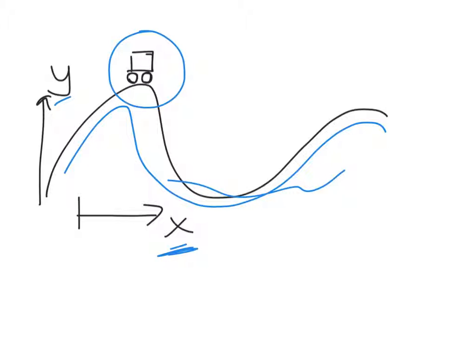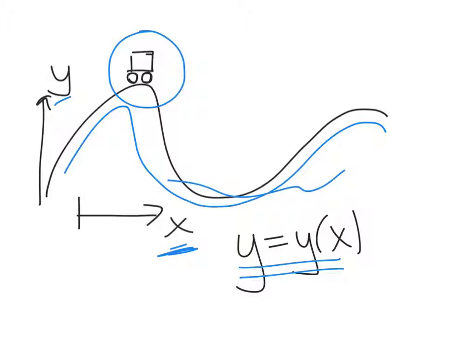So in this case we could just give the x coordinate, and by specifying x and a relationship between y and x which describes the shape of the roller coaster track, we can describe the motion of this roller coaster car just using x. So this would be an example of a one-dimensional system where in fact the motion takes place in two dimensions.